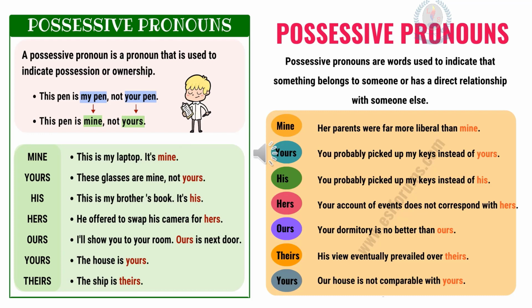Yours: you probably picked up my keys instead of yours. His: you probably picked up my keys instead of his. Hers: your account of events does not correspond with hers. Your dormitory is no better than ours. His view eventually prevailed over theirs. Our house is not comparable with yours. Now, can you understand this?